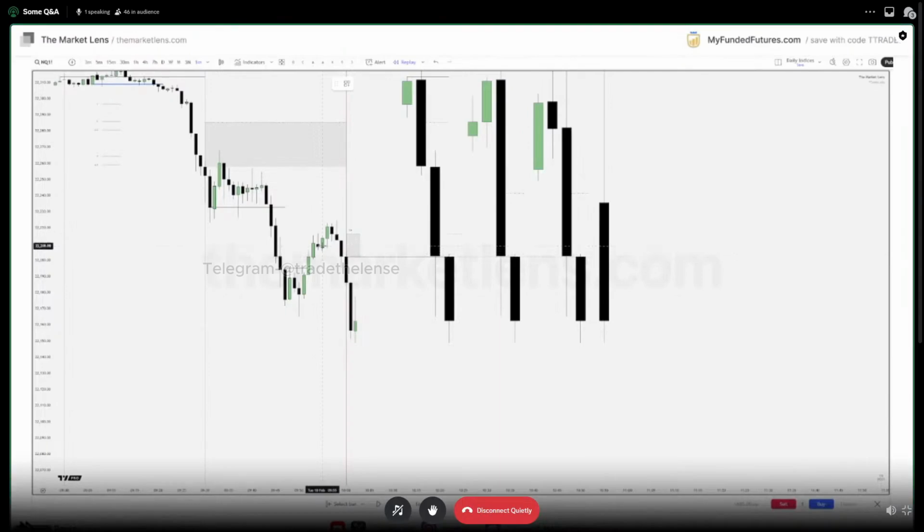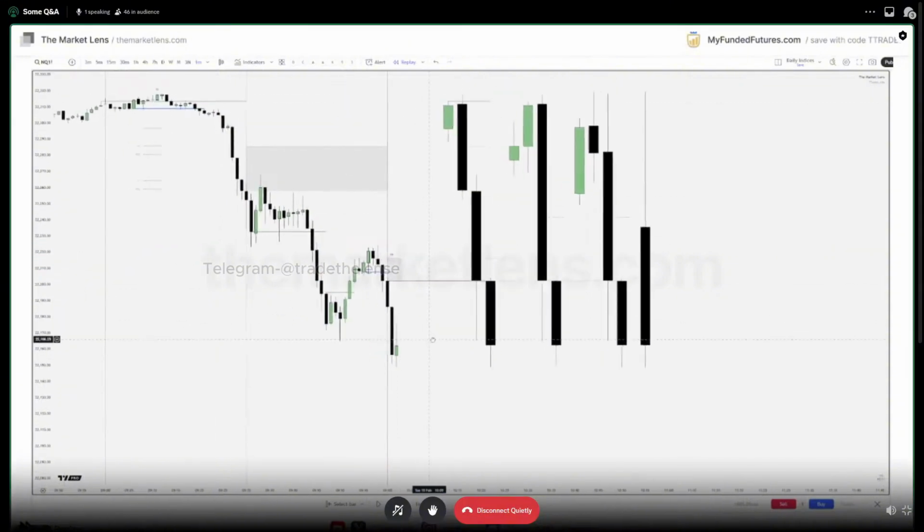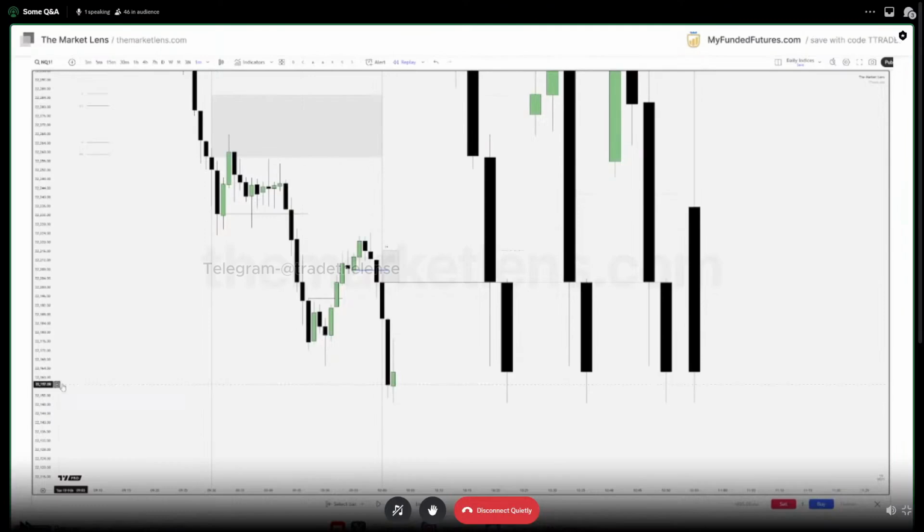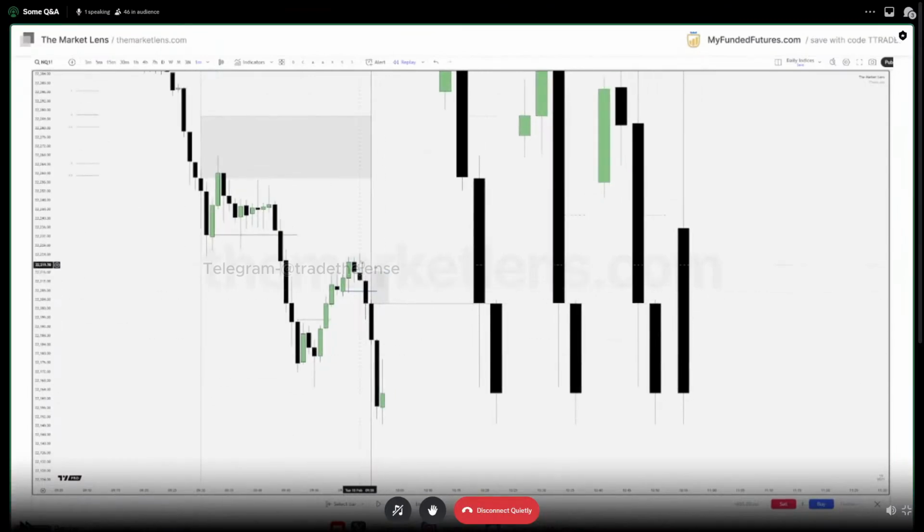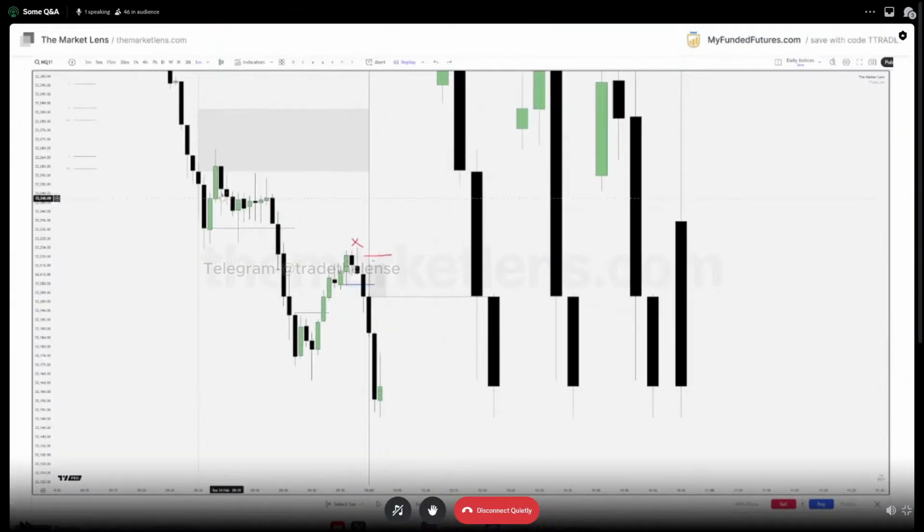And this is an example of one where we're on the 1 minute, which I am not a huge fan of, but when we close like this, it's a protected high right at the open of that new higher time frame candle. So that's one where you can enter right at the open with your stop where I had it. And then it goes right to it.